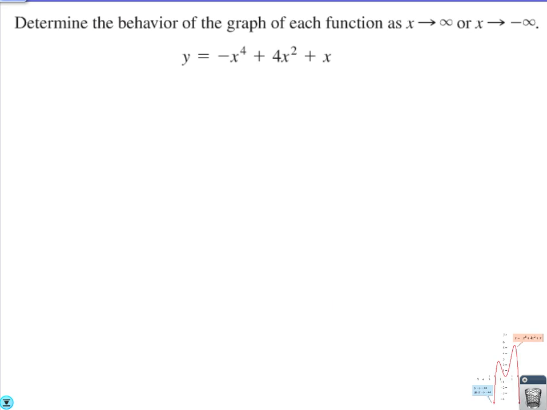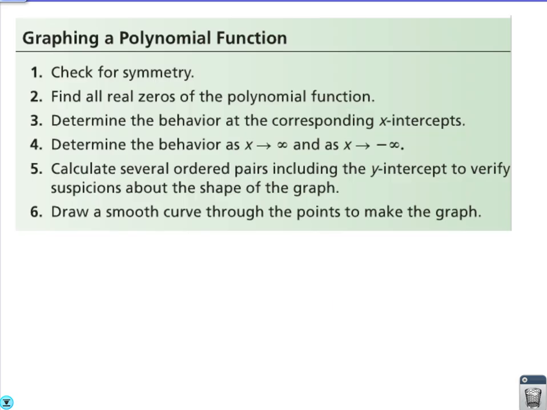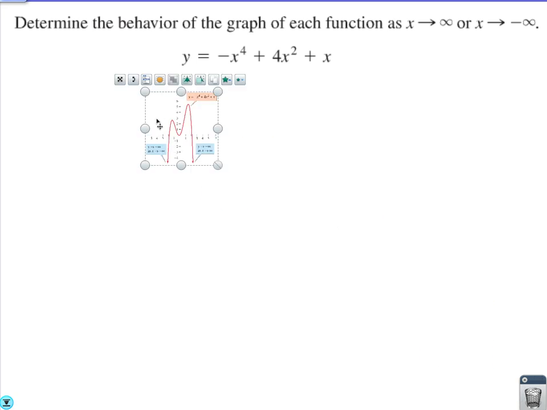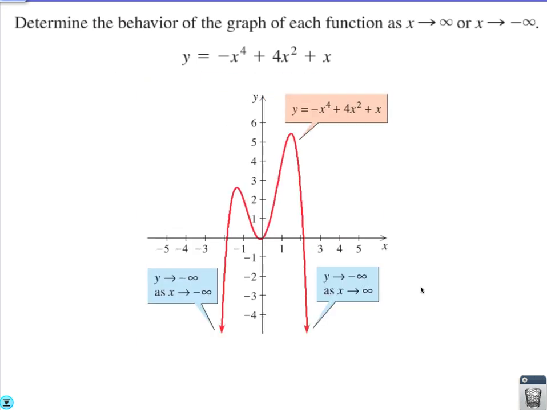Okay. Last one, I think. Notice this one is not an even function. You got that extra x thrown in there that kind of warps it. So a mutated x to the fourth graph. The reason it's upside down is because of the negative out front.